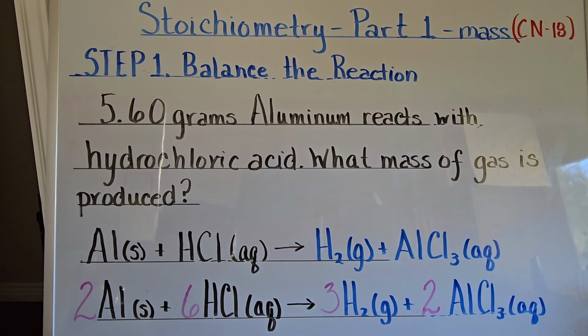So I'm using a lot of skills here. I also need to go back, if I need to, to class notes 17 to remember how to balance this chemical reaction. Again, those are skills you need to have, and I would get those mastered before you even tackle stoichiometry problems. And this is where we start with step 1.